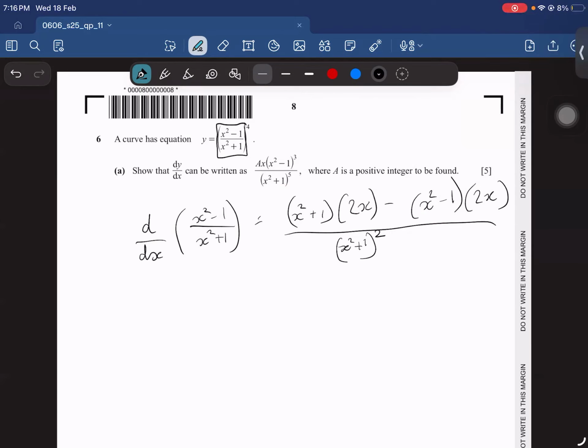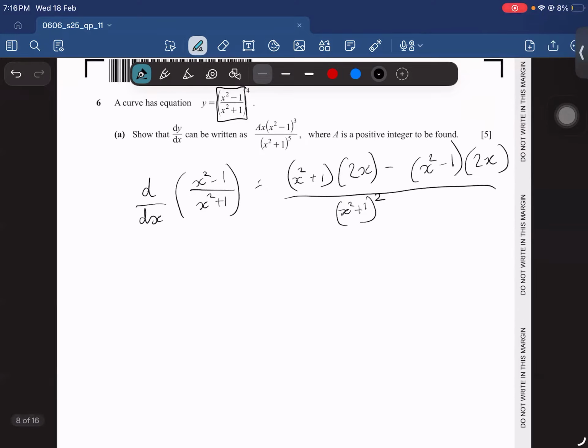Now we need to simplify what we have. And I'll do so with the denominator. So I have 2x times x squared plus 1 to the power -1, because these two have the same values inside the bracket.